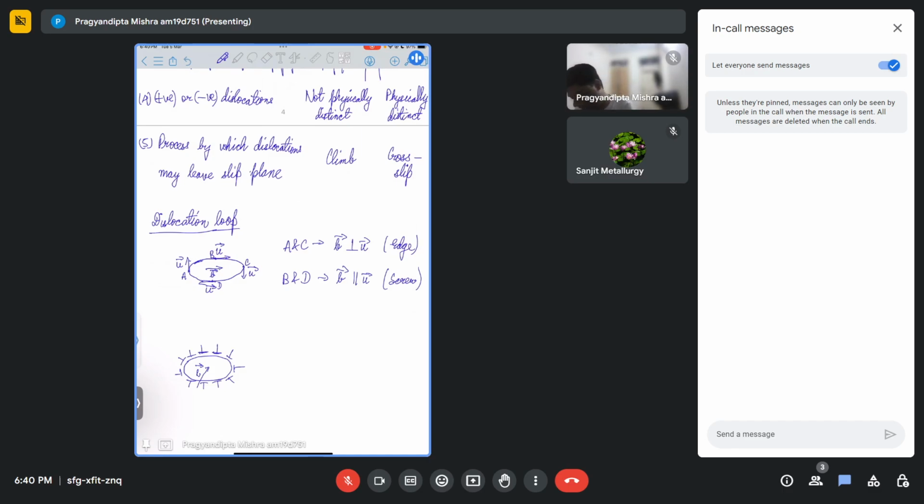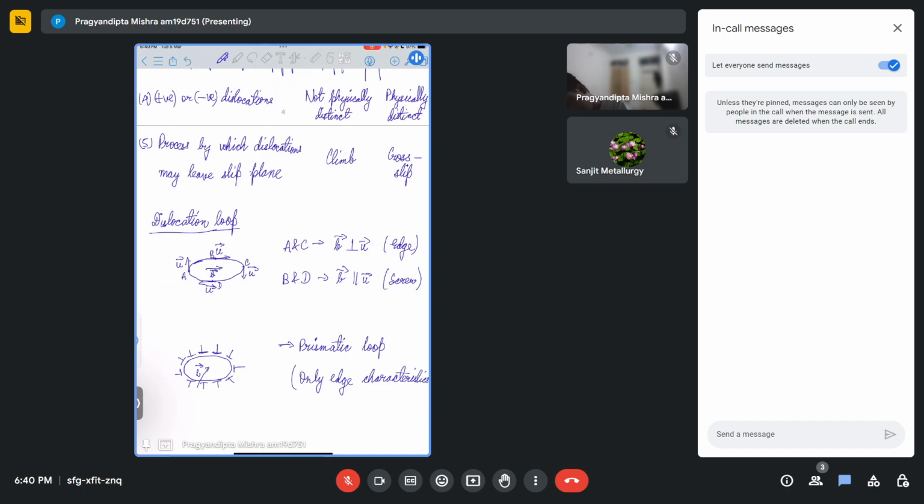This type of loop is known as a prismatic loop, and it has only edge characteristics.